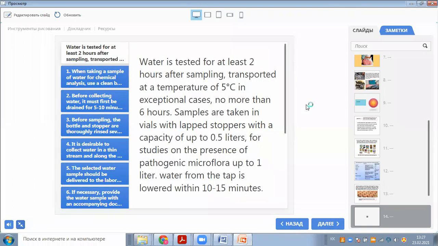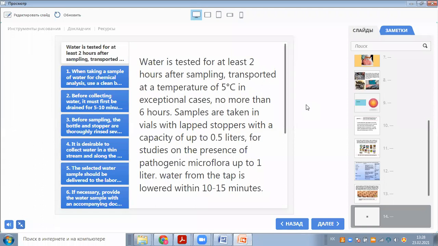The water is tested no later than 2 hours after sampling, transported at a temperature of 5 degrees. In exceptional cases, no more than 6 hours. The samples are taken in a vial with a ground stopper with a capacity of up to 0.5 liters, and for studies on the presence of pathogenic microflora, up to 1 liter.